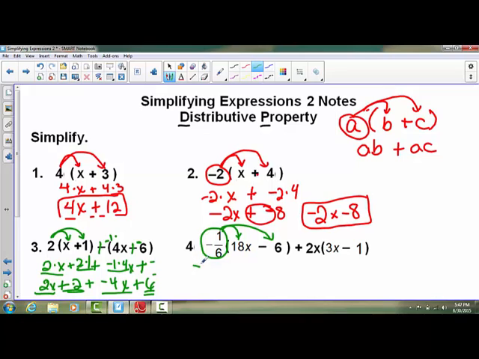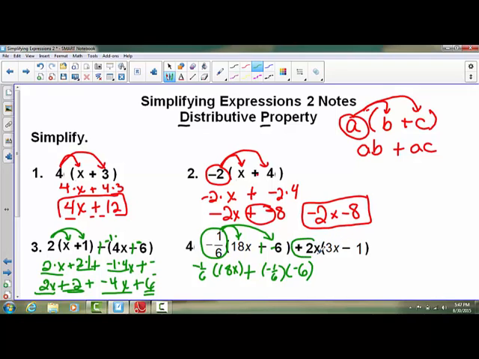Okay, so that's going to be negative 1/6 times 18x. All right, and we said we wouldn't do subtraction anymore, we would do plus and negative, so we'll have plus negative 1/6 times negative 6. Okay. All right, so that's the first set of parentheses, and we've distributed all the way there because the parentheses ended. All right, so then we have this plus 2x.